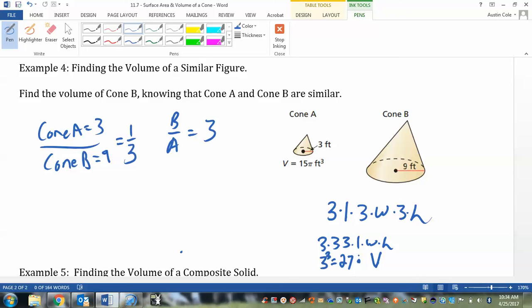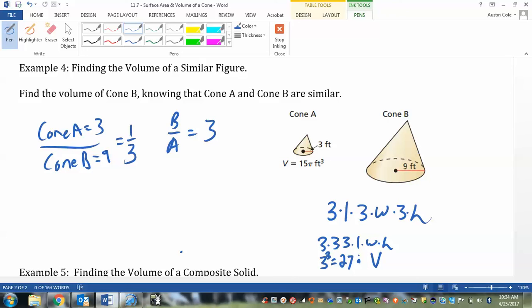Now the volume of that is length times width times height. Now if I say this prism over here is 3 times as big, I can take this side length and multiply it by 3, right? If this one's 3 times as big, it's going to be 3 times as long.